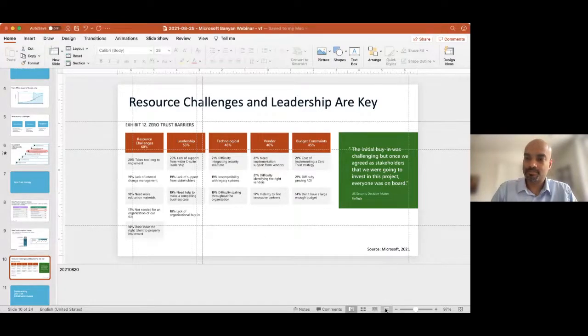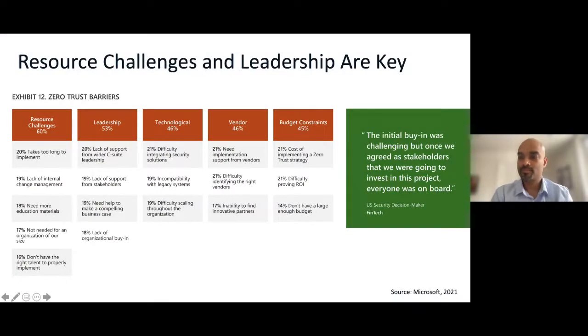From the ZTNA perspective, which is zero trust network access, and I didn't mean to give you the entire meaning of that acronym, there is lots of device identification from the technology perspective.